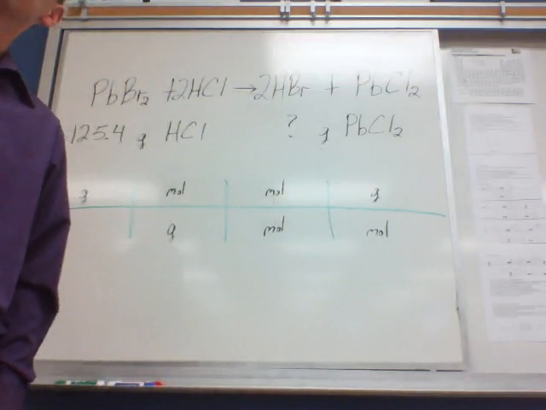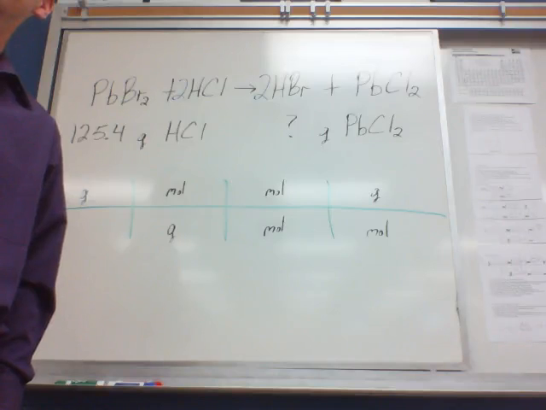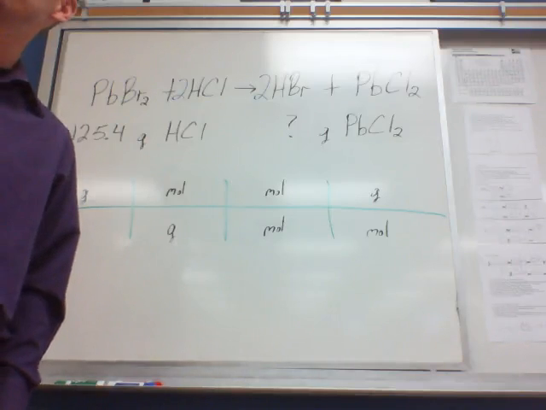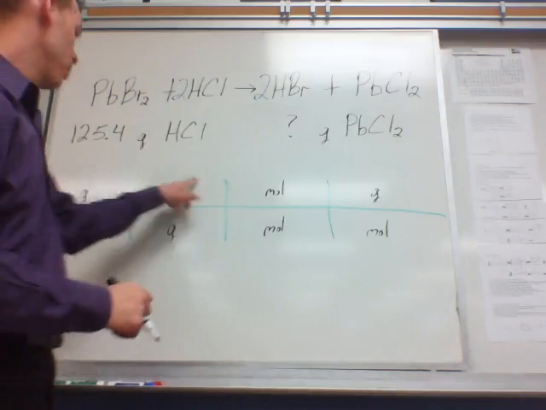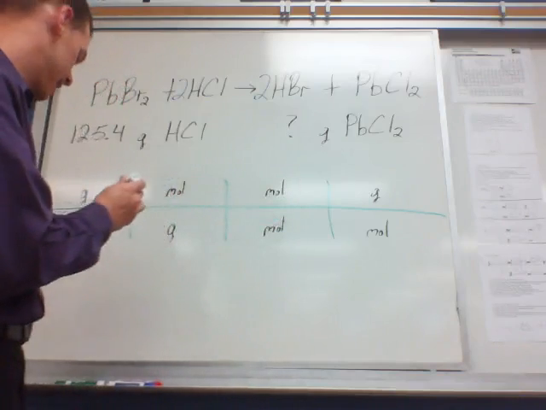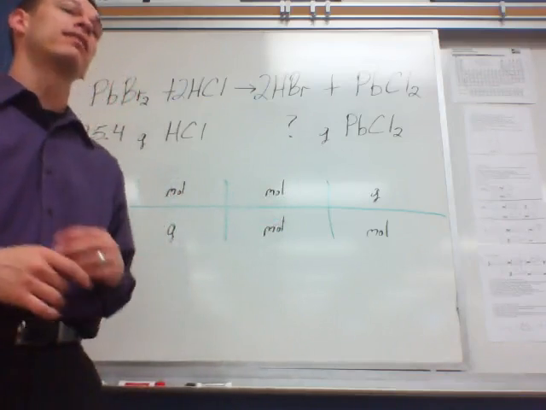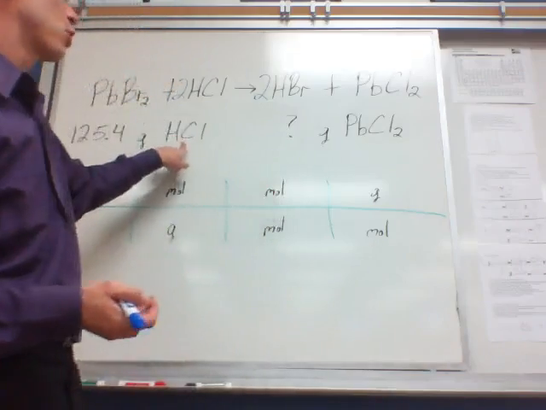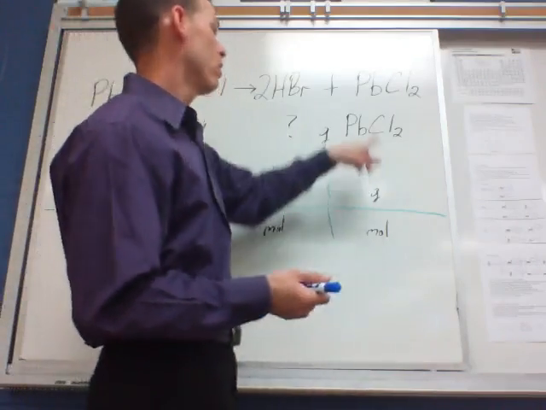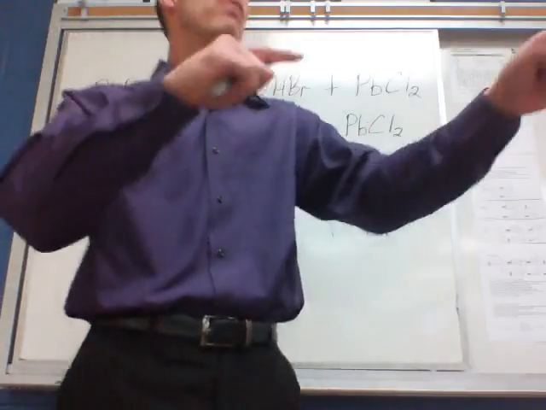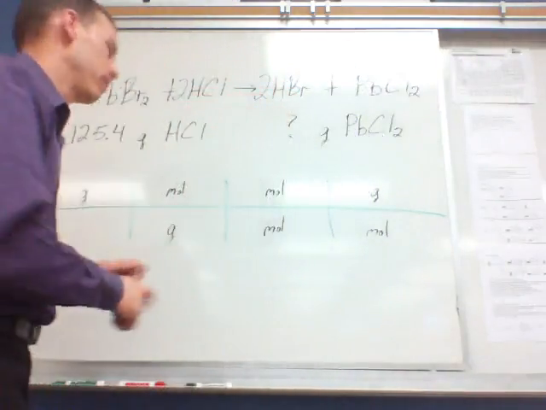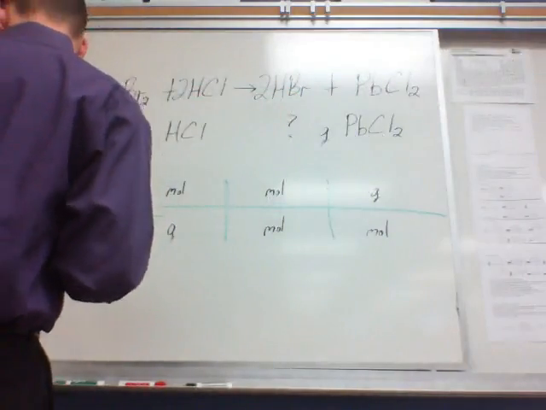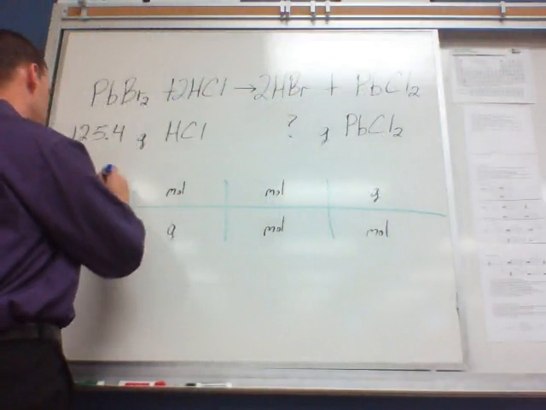What's the next thing we put in our squares? Compounds. Numbers are last. We need to put compounds after all these guys. Now, if you look closely at your grid, some of the squares want the given compound, hydrochloric acid. Some of them want the unknown compound, lead 2 chloride. Put them in the right place. Do it. 4 of them want given.